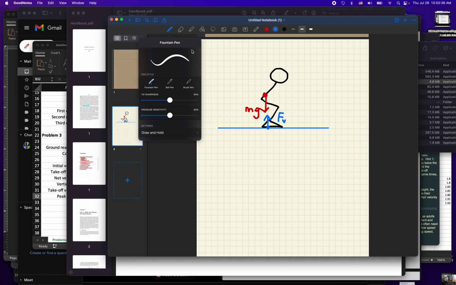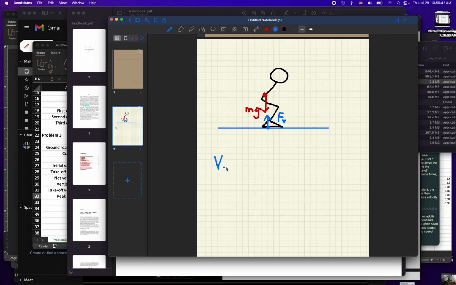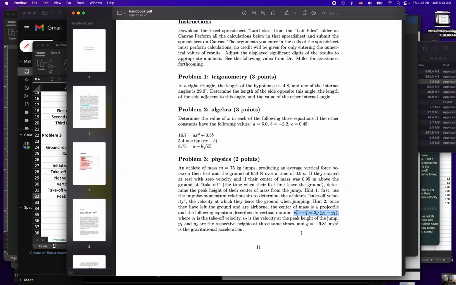So that equation was v2 squared minus v1 squared equals 2g times y2 minus y1. Okay, I think this might have been v2 plus v1 actually. No, minus v1.